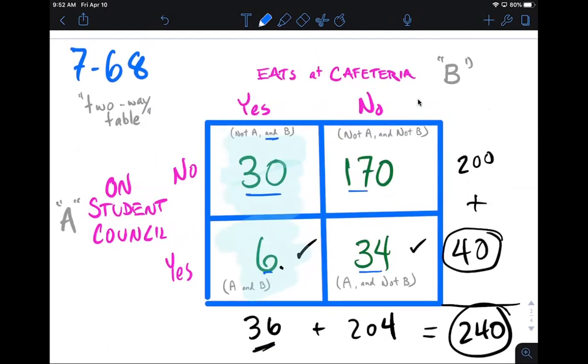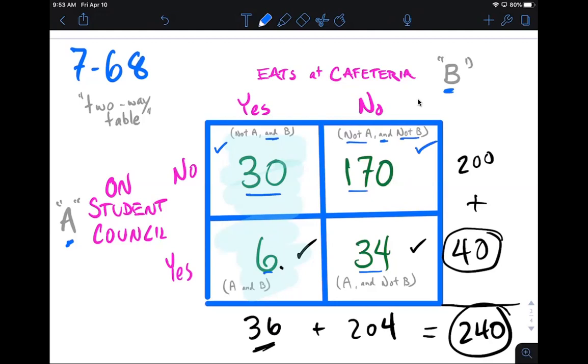So in other words, if we called student council being event A and eating at the cafeteria event B, this 30 here in this first cell represents the number of people who are not A and B. The 170 and the one next to it is not A and not B. All right, down here in this cell, yes and yes.